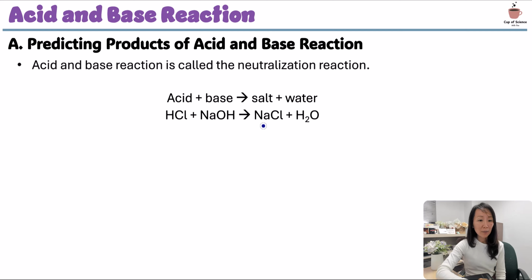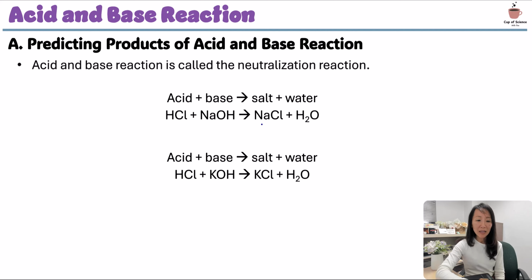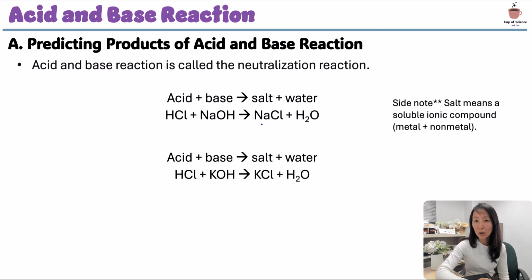Here's another example. Acid and base, hydrochloric acid with now potassium hydroxide forming KCl and H2O. Note that the salt here is labeled as NaCl and KCl. Salt doesn't necessarily always have to be sodium chloride, but it could be any ionic compound that is soluble.